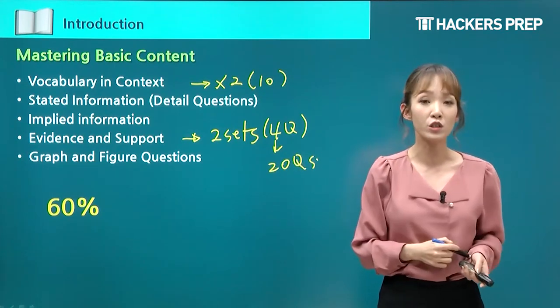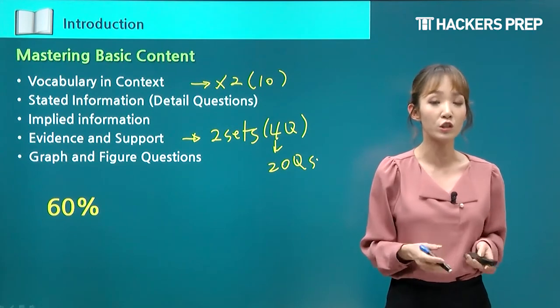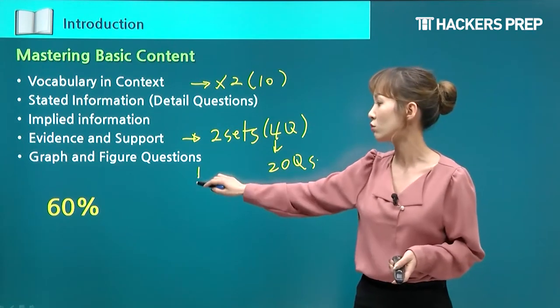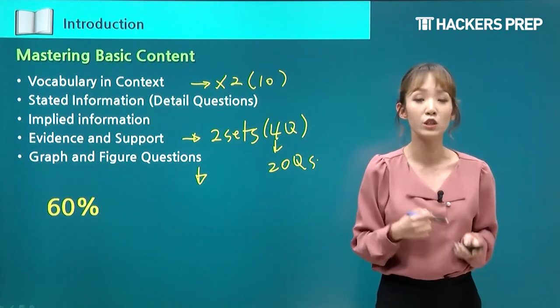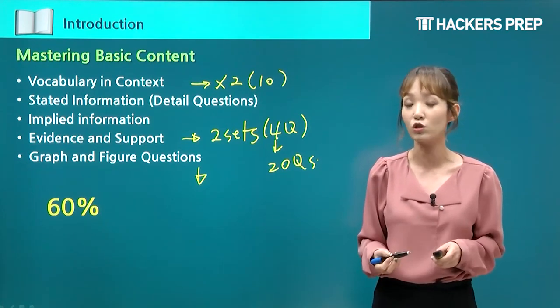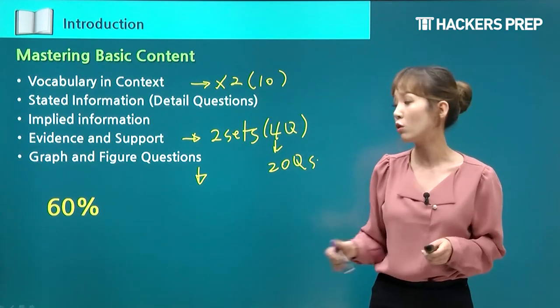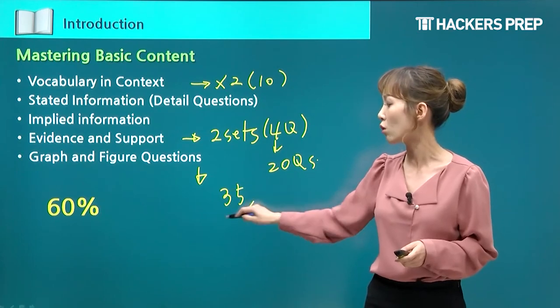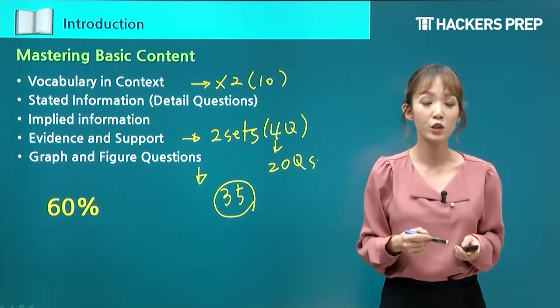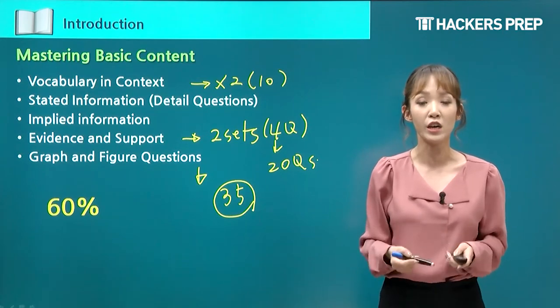Graph and figure questions are there to make sure that you understand how to interpret graphs, charts, or tables. So these rely solely on your ability to interpret these types of graphics and have nothing to do with the passage. All of these we will call detailed questions, and whether you are under 35 or over 35, you have to make sure that you start with these and get as many as you can correctly.